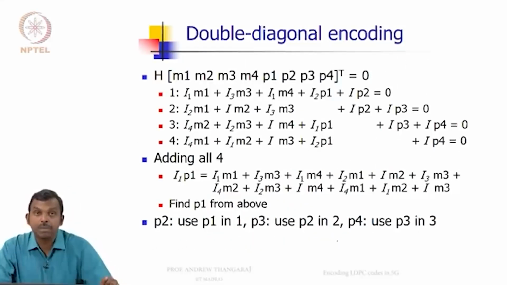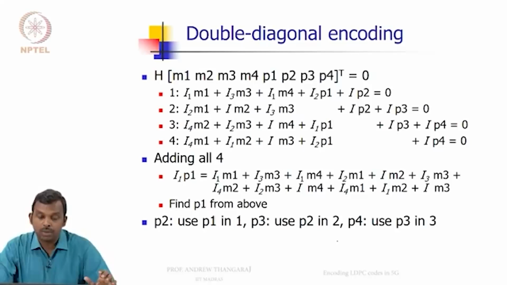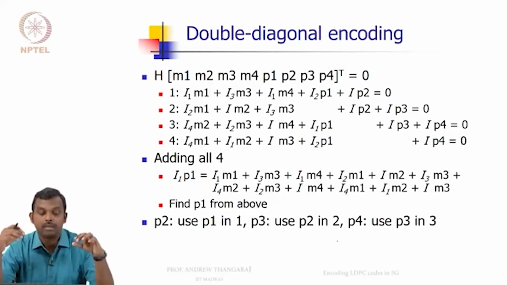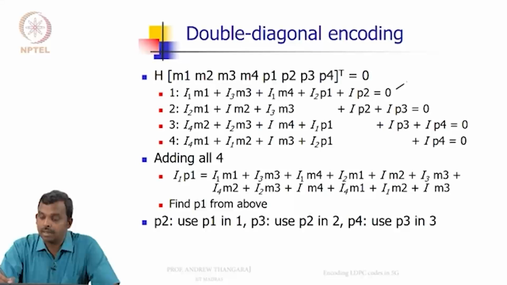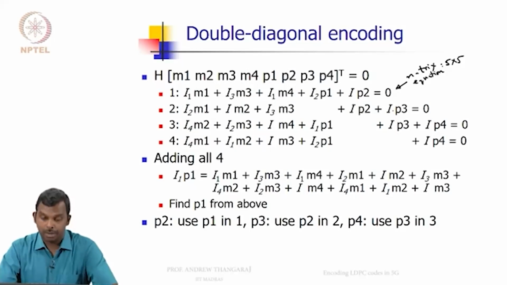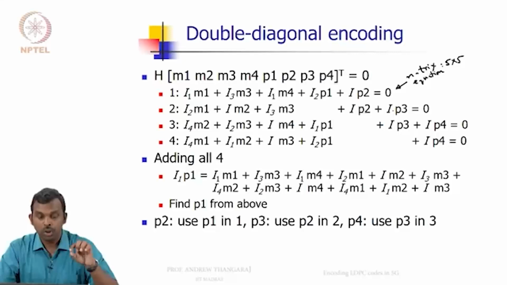So we have H times the codeword transpose equals 0. I'm going to write each block row as one matrix equation. So this is a matrix equation with 5 by 5 matrices here. Each of M1, M2, M3, M4, P1, P2 is a length 5 vector.